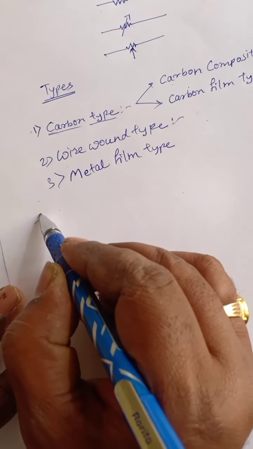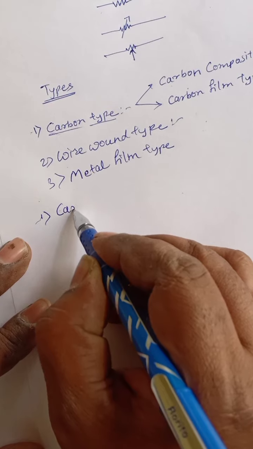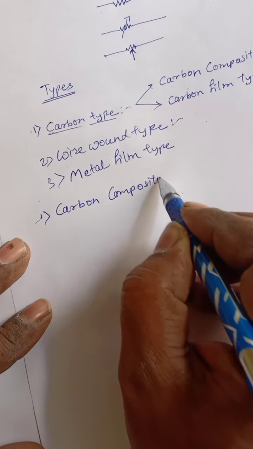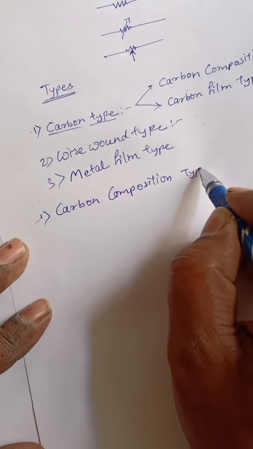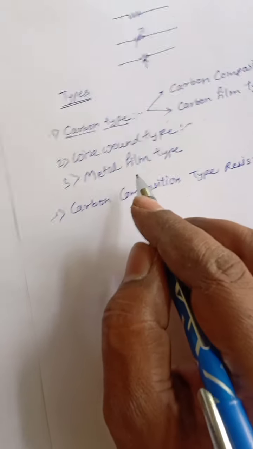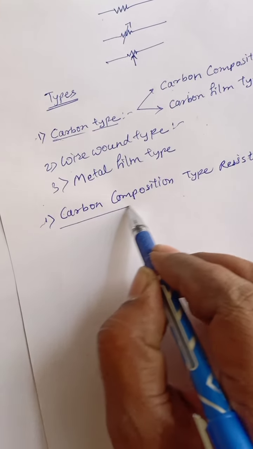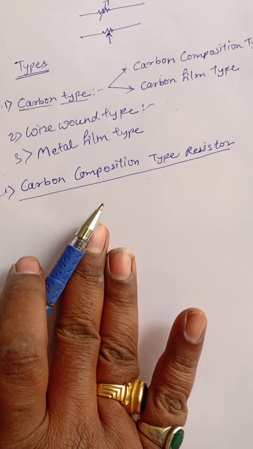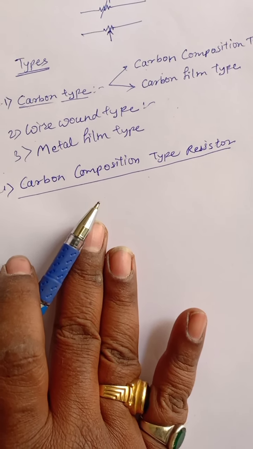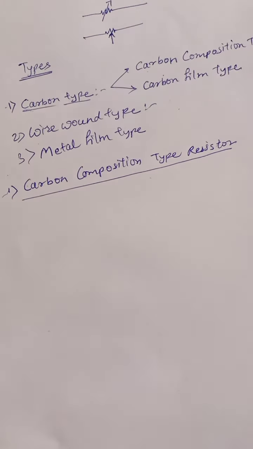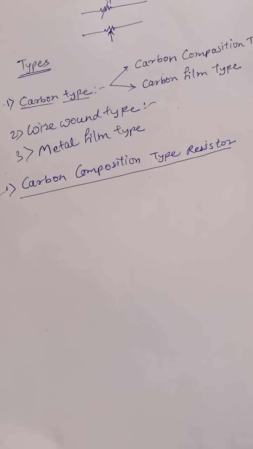The first one is the carbon composition type resistor. According to the name, we are using carbon material to construct this resistor.